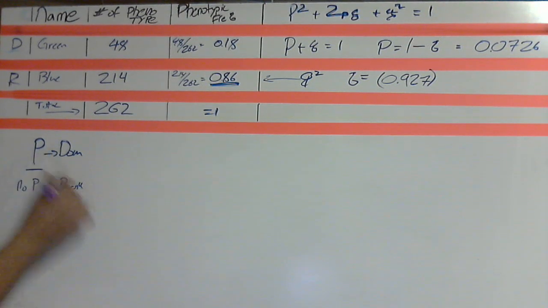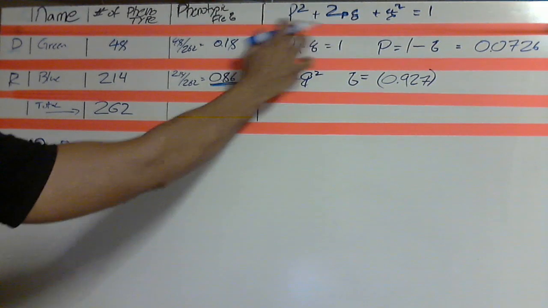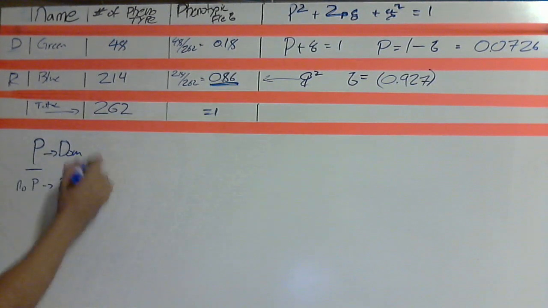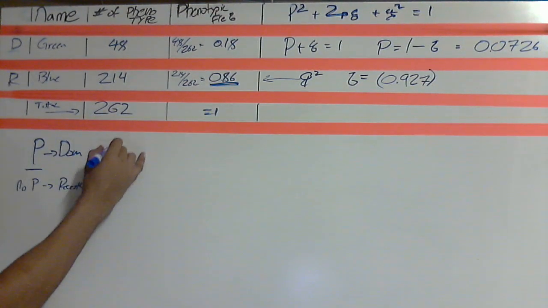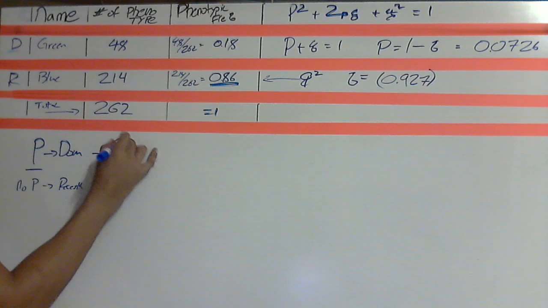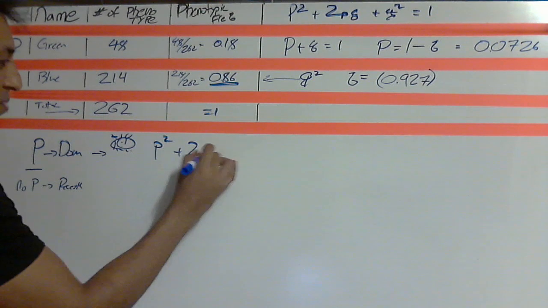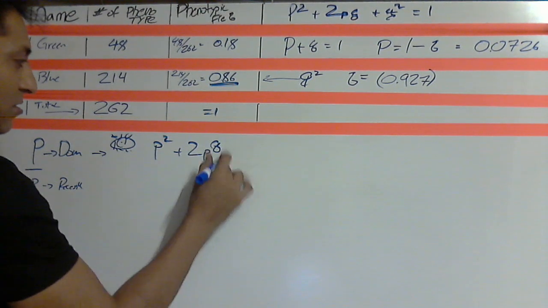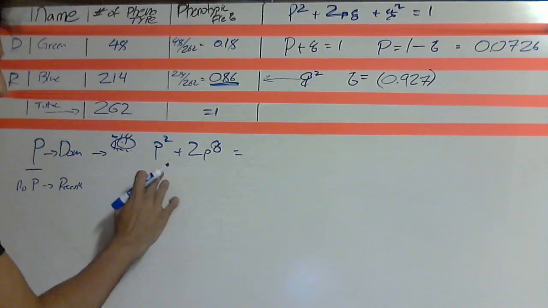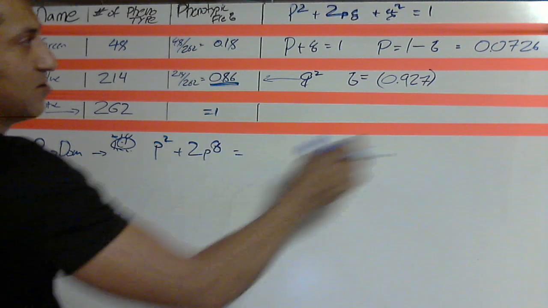So let's go ahead and see where we see some p's here in this equation. We see p squared plus a 2pq. So I'm going to go ahead and say what I see with my eyes is a p squared plus 2pq. Now, we know what p is. p is this.